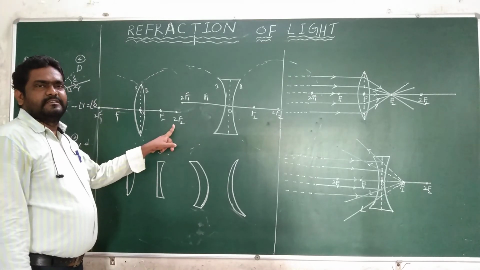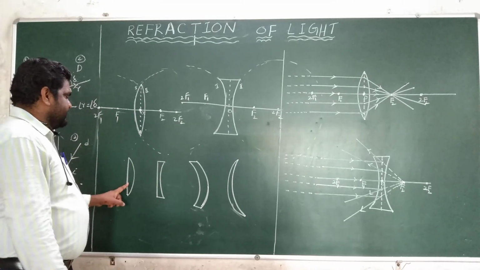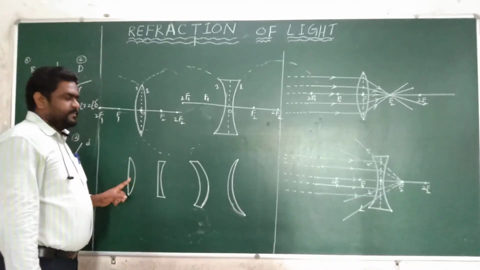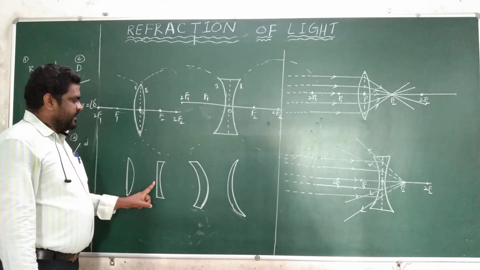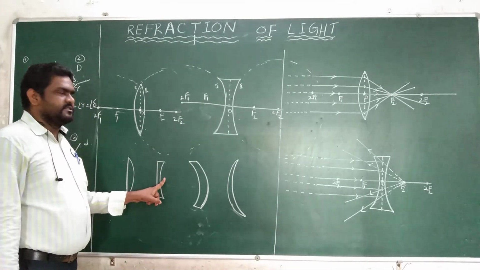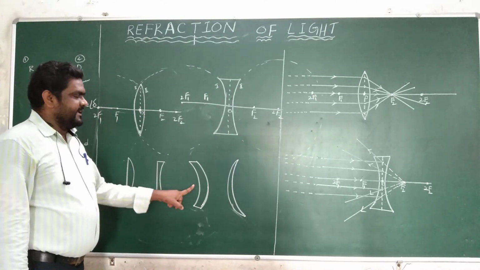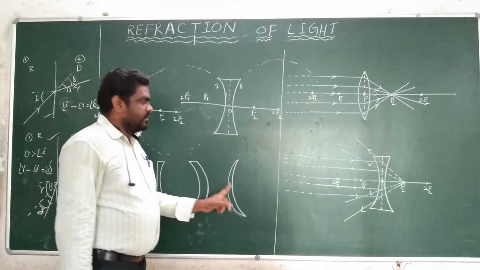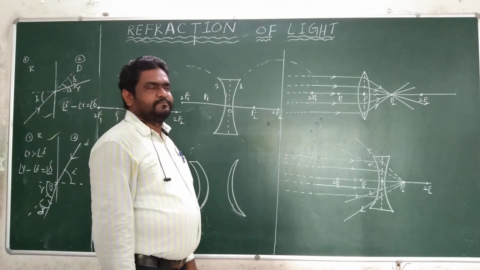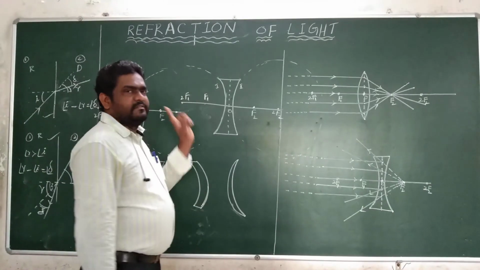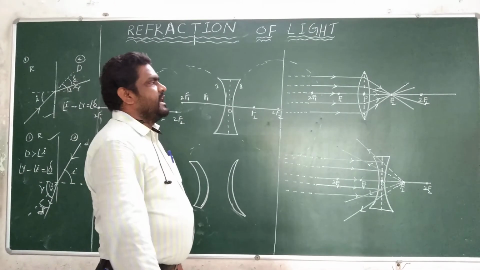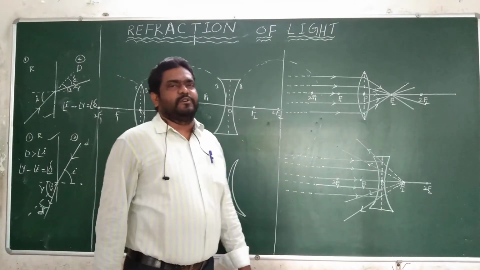Remember once again, this is plano-convex, plane surface and convex surface. Plano-concave, plane surface and concave surface. Mainly convexo-concave, concavo-convex. These are the main terms.